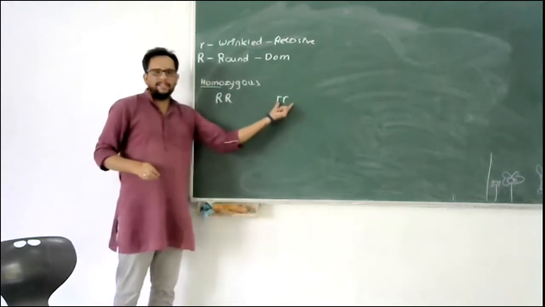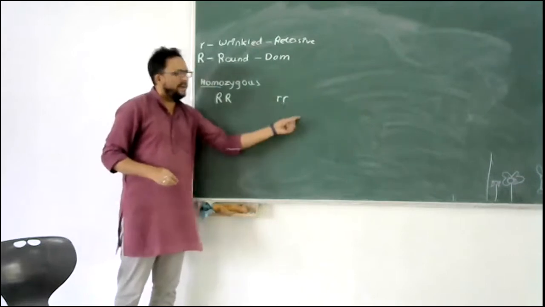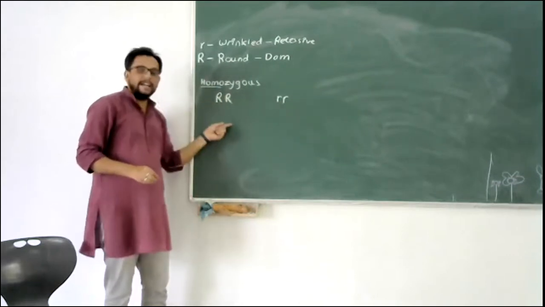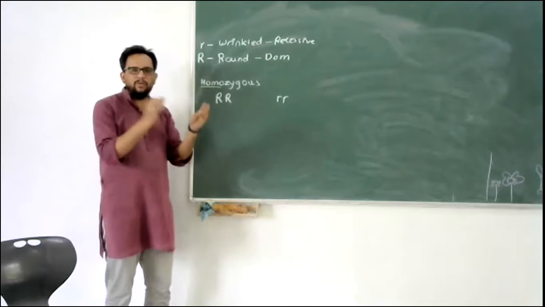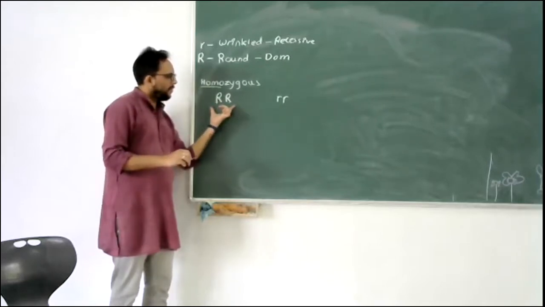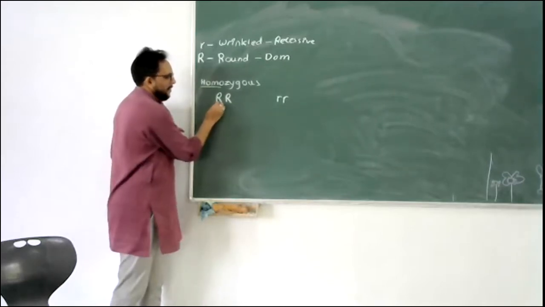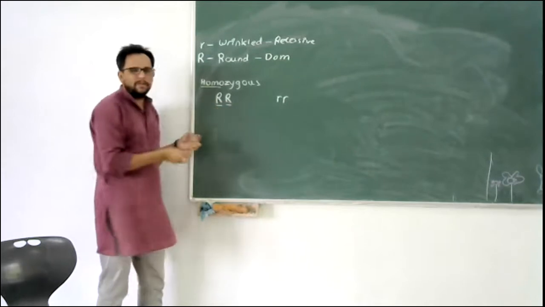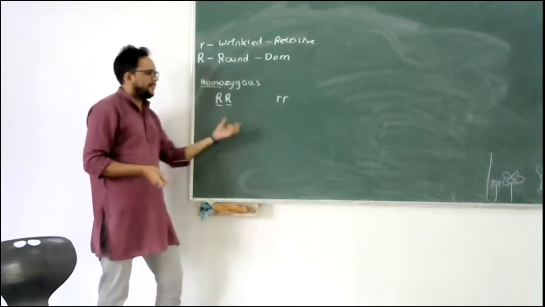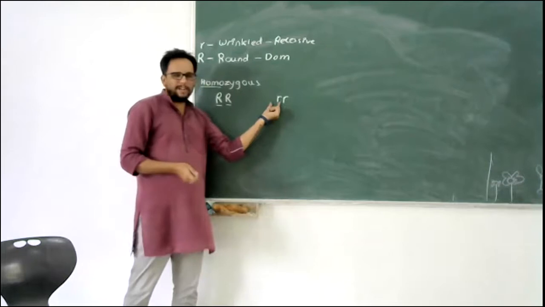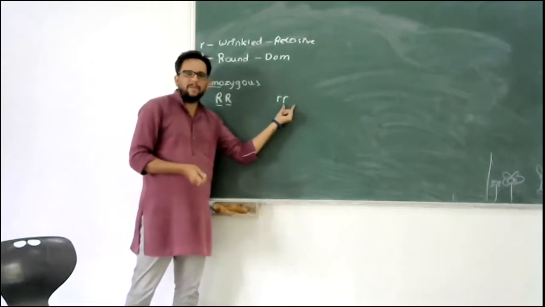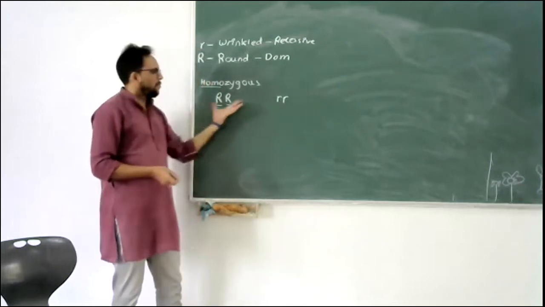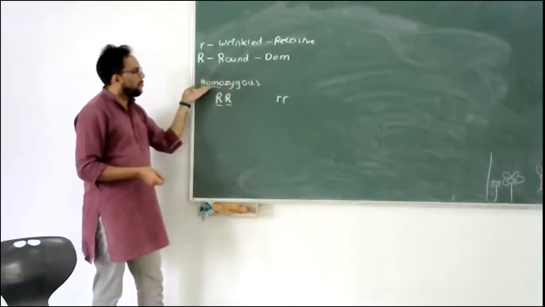Both alleles are the same. If this is one individual, this is another individual, referring to individual plants. In this individual, let's say this is coming from mother, this is coming from father. Both alleles are same. Same goes here. One is coming from mother, the other from father. Both are same, so they are homozygous.